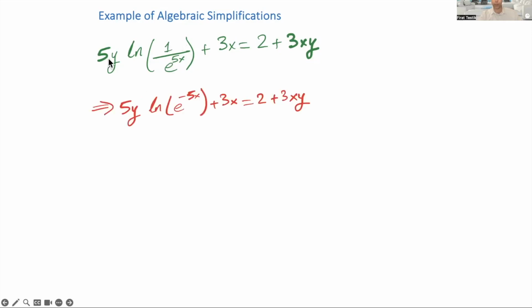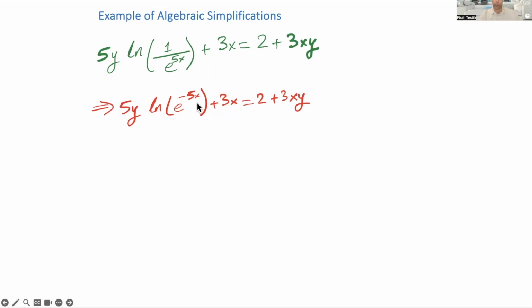We can write this equation as 5 times y times the natural logarithm of, instead of 1 over e to the power 5x, we can move the denominator to the numerator as e to the negative 5x, plus we keep the rest the same, 3x equals 2 plus 3 times x times y.